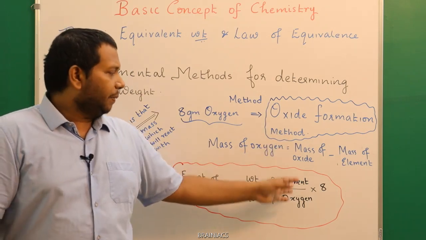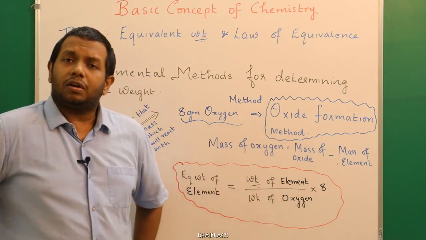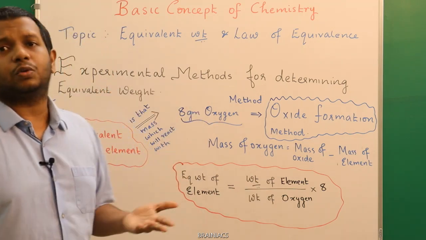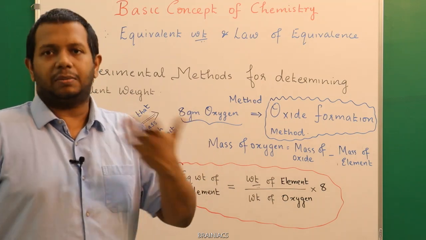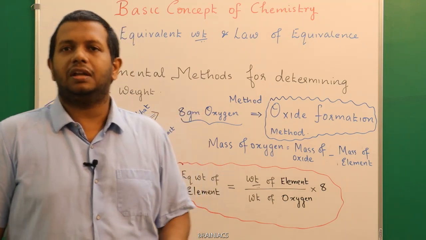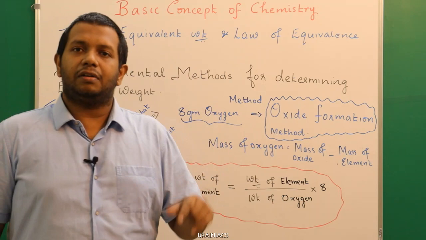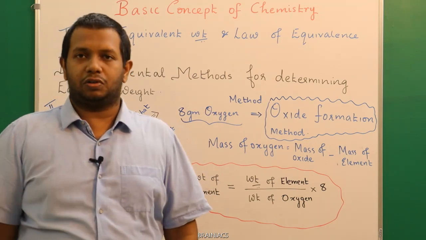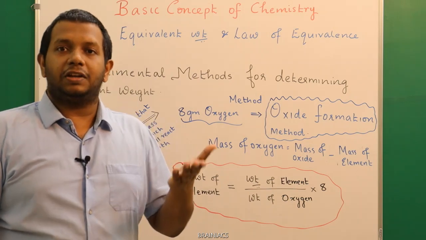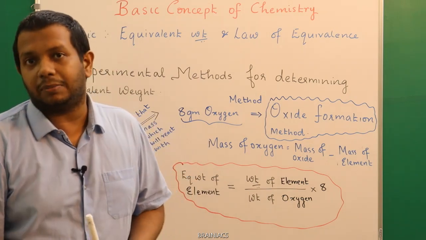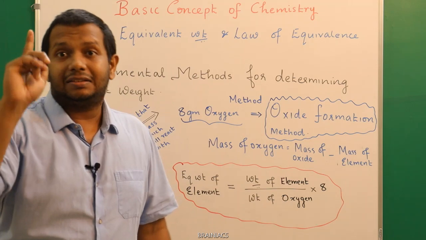Either you can directly apply the formula and get the answer, or sometimes directly the question statement will say, maybe I am just saying as an example for your understanding, say 350 gram of an element reacted with 16 gram of oxygen. Calculate the equivalent weight of the element. So I know 350 gram is reacting with how much gram of oxygen? 16 gram.